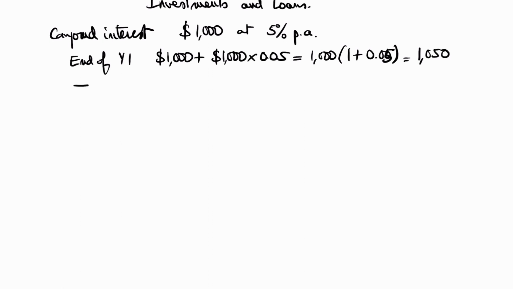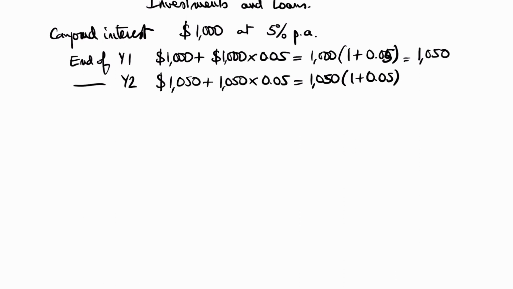Now this is reinvested, and at the end of year two you have 1,050 plus 1,050 times 0.05, which is the same as 1,050 times (1 plus 0.05), which, using what we had above, is 1,000 times (1 plus 0.05) to the power of 2.